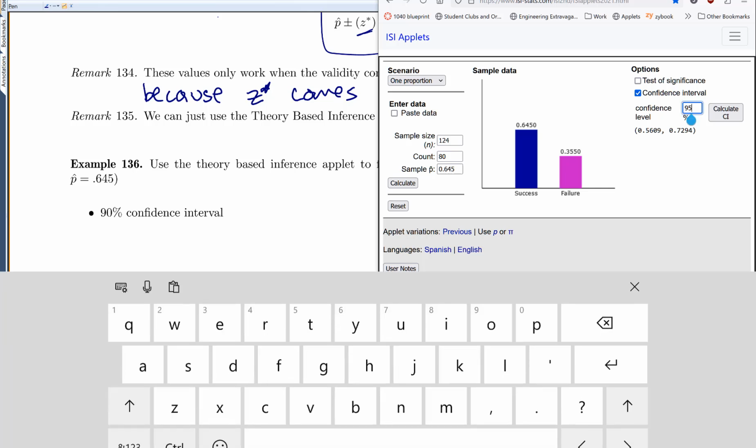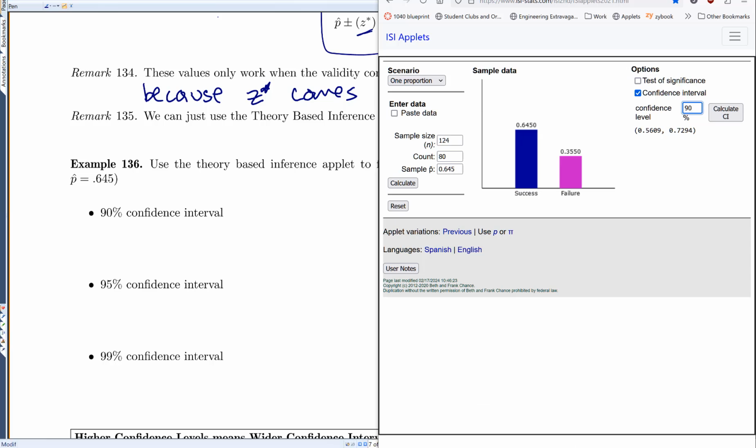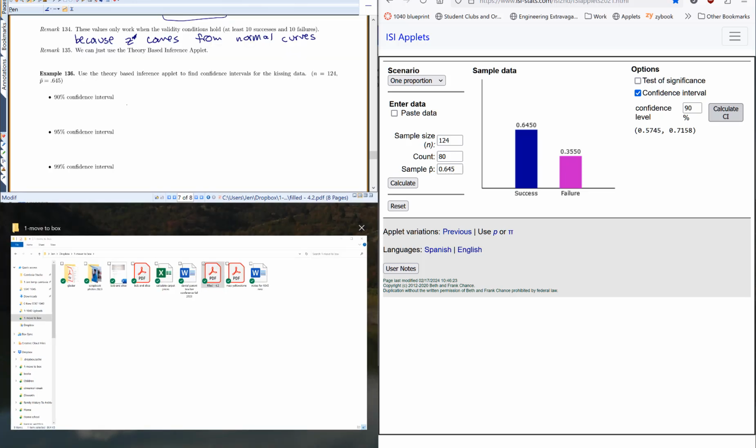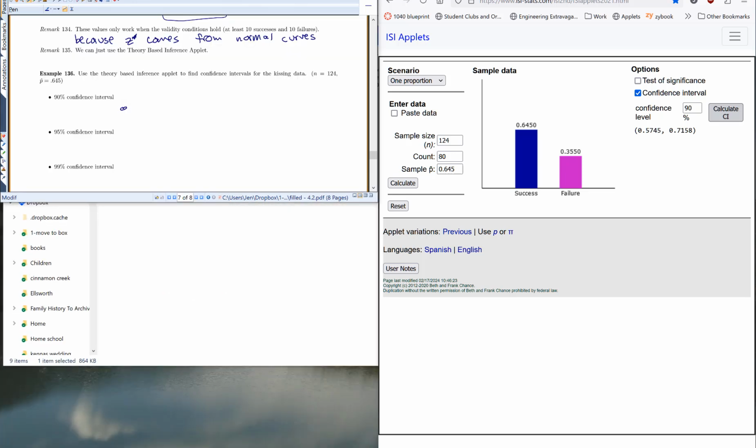And now I can change my confidence level. So at 90%, I want to calculate it. It tells me right here, it's going to go from 0.5745 to 0.7158. On the test, these will usually be written in parentheses. I like to actually write it out like this because it makes more sense to me in words.